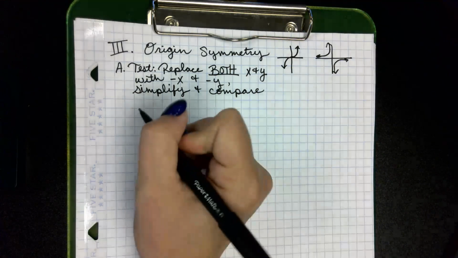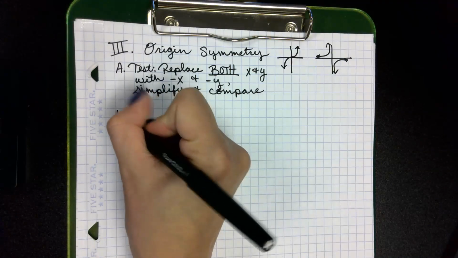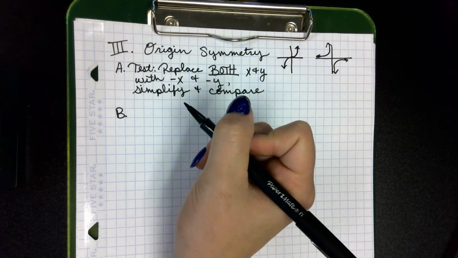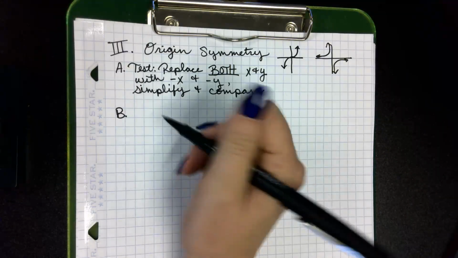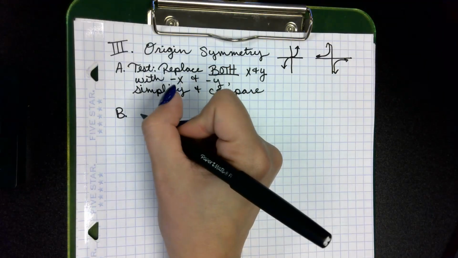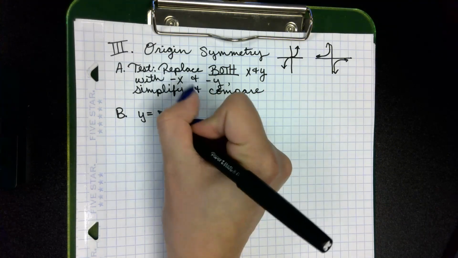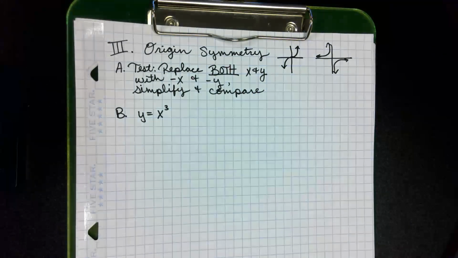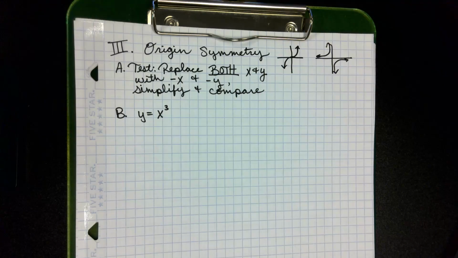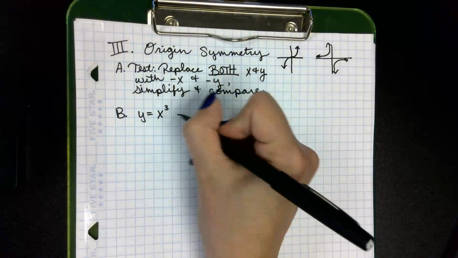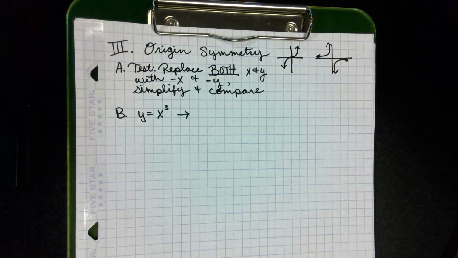All right, so your example for origin symmetry. Same example. Y equals x to the third. So the same example we used on the first two. But this time, since this is testing for origin symmetry, we have to test x and y.